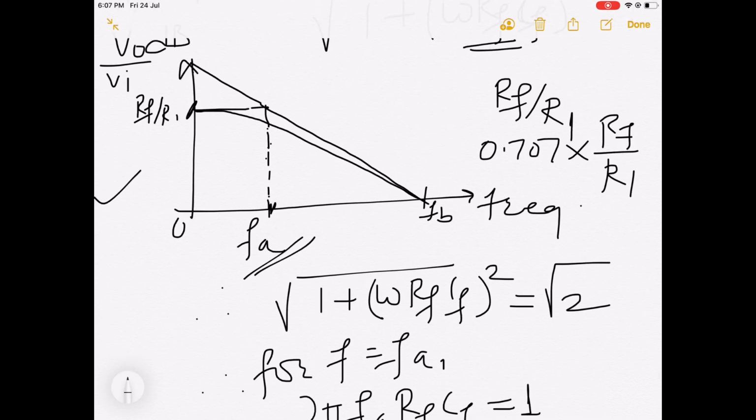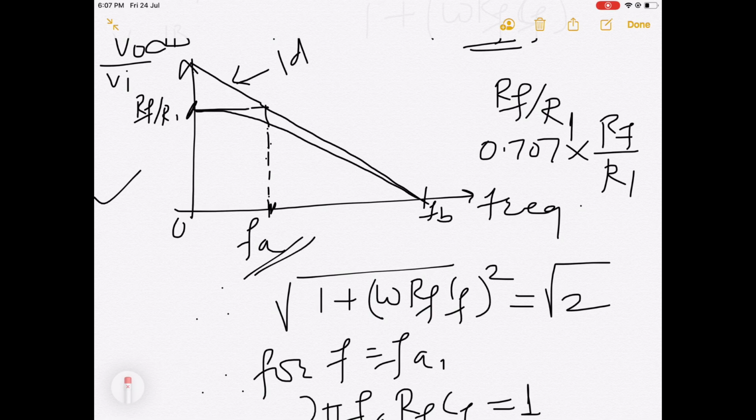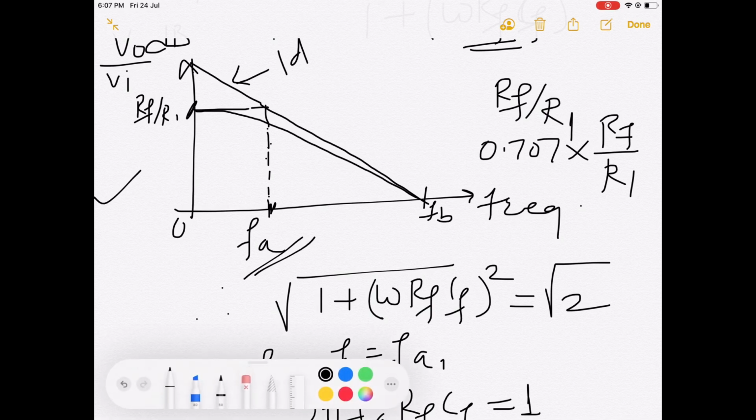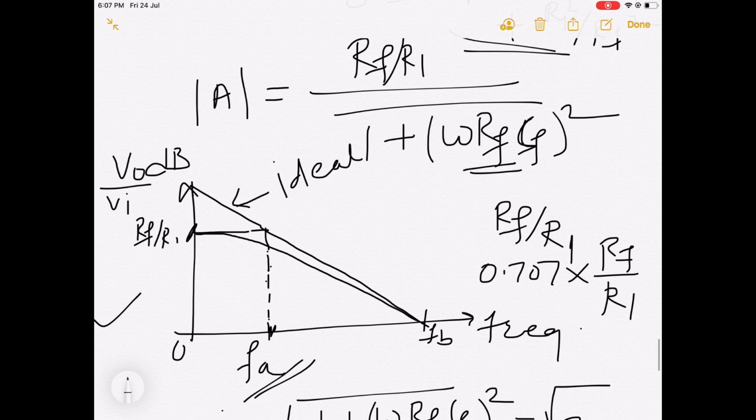Okay. So the frequency response of an integrator is shown in the figure like this. Okay. This is the ideal integrator response, and this one is the lossy integrator response. Okay.